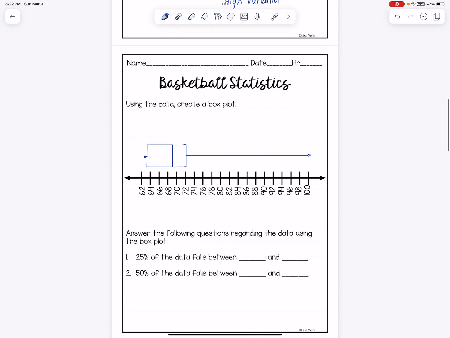Each of these sections is 25% of the data. So let's label that right here. And 50% of the data, you could say, falls between your upper and lower quartiles or things like that.